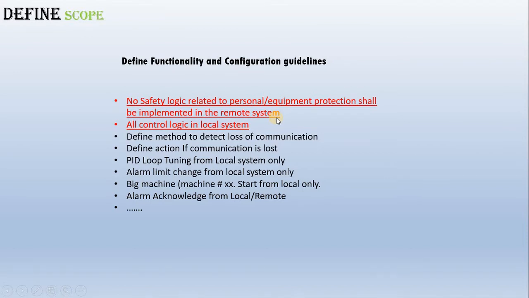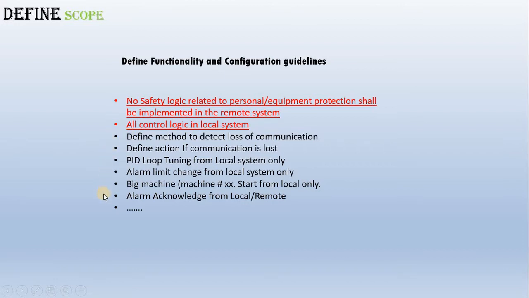Because if you lose communication, regardless of whether it's redundant or not, you have to know what the local system will do. A lot of the time, we don't put any control logic in the remote. We keep it all in the local.